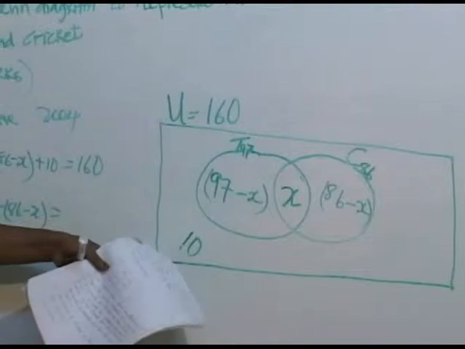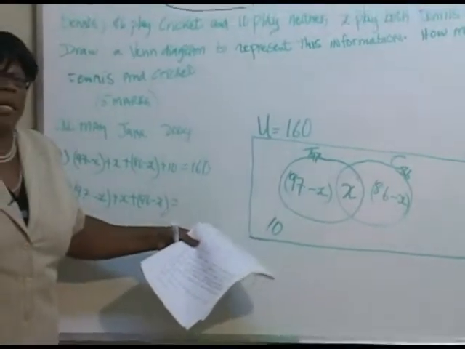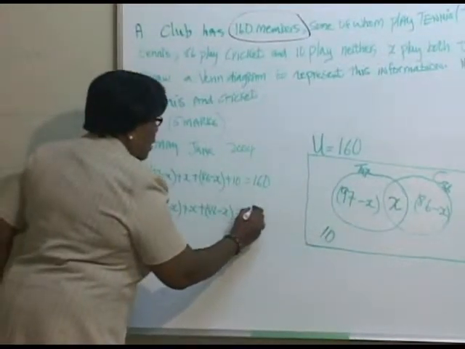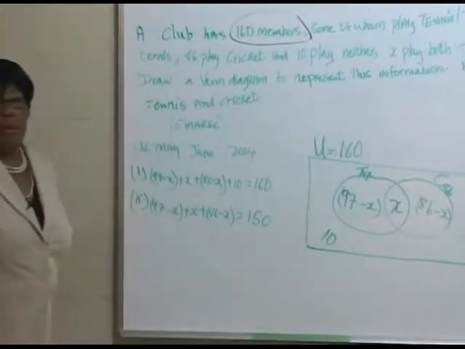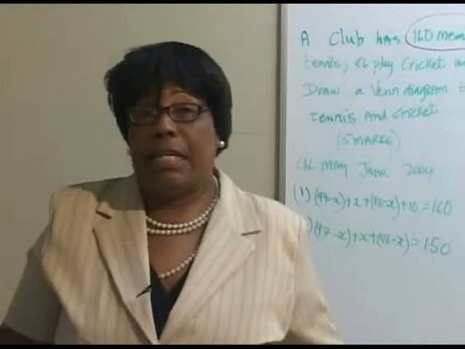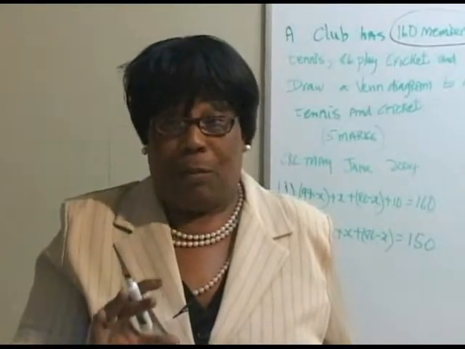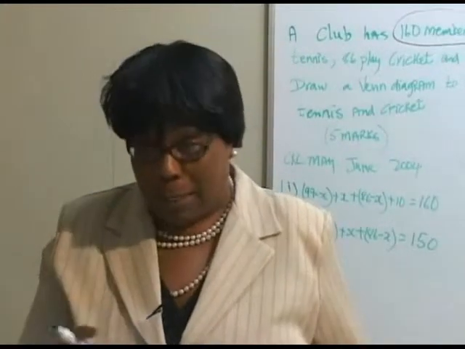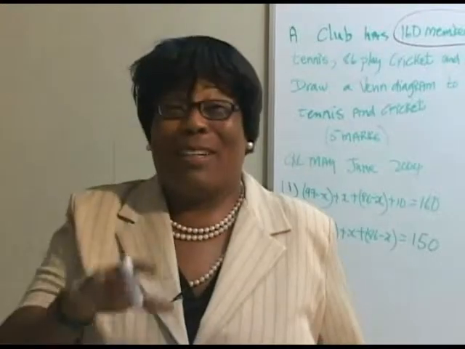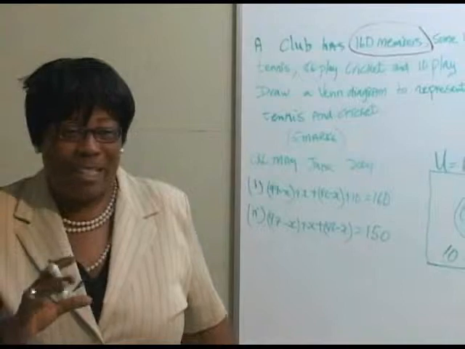So instead of our universal set being 160, it would be 160 minus these 10 persons, which would be 150. All right, so when you're looking in your friend's book and you see that he or she has done it out of 150, don't say it's wrong. Stop and discuss why they have 150 and why you're using 160. Don't rub out your answer, all right? Because it is not wrong, okay? Everything again, logic and reasoning.